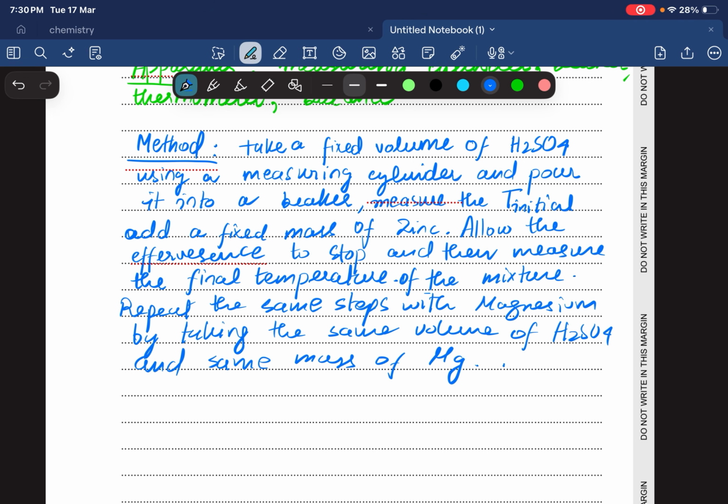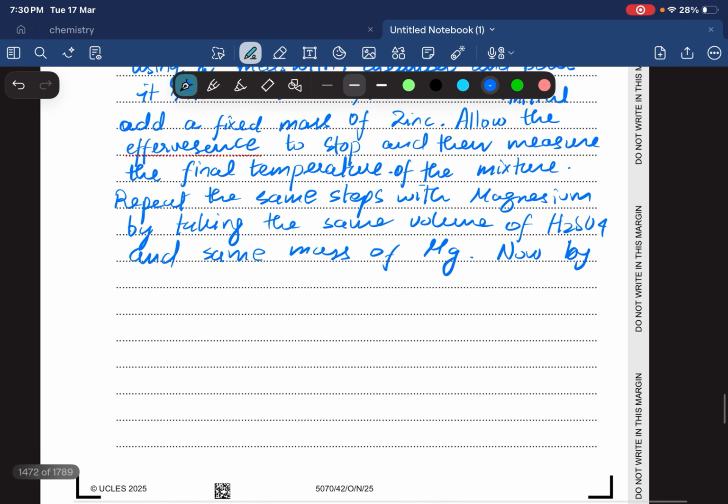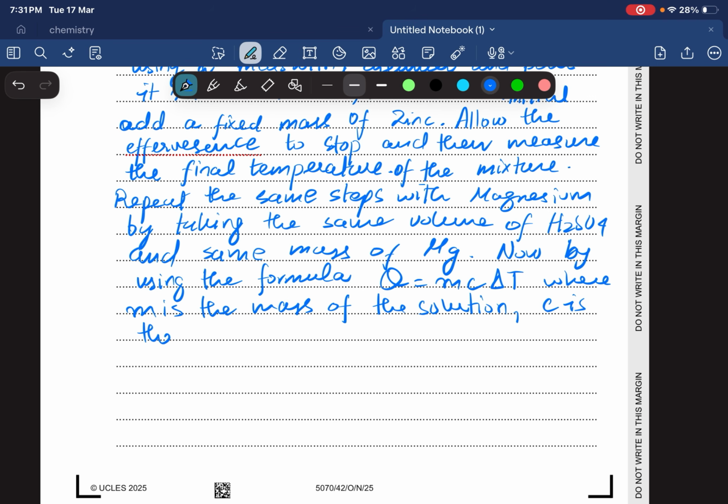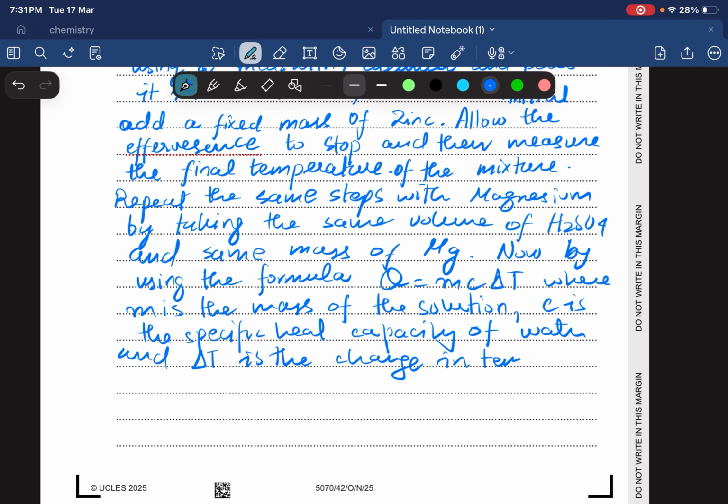Now you're going to measure the temperature change and use the formula Q = mcΔT, where m is the mass of the solution, c is the specific heat capacity of water, and ΔT is the change in temperature.